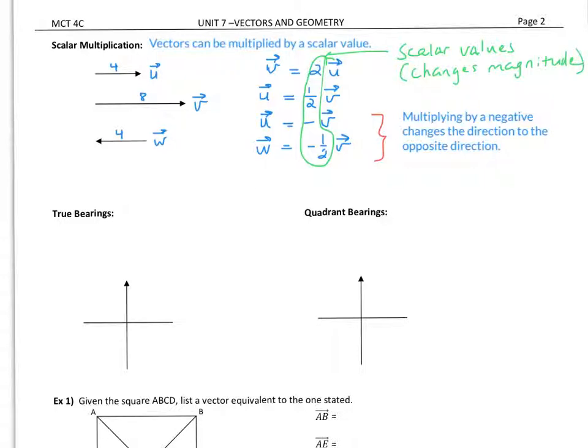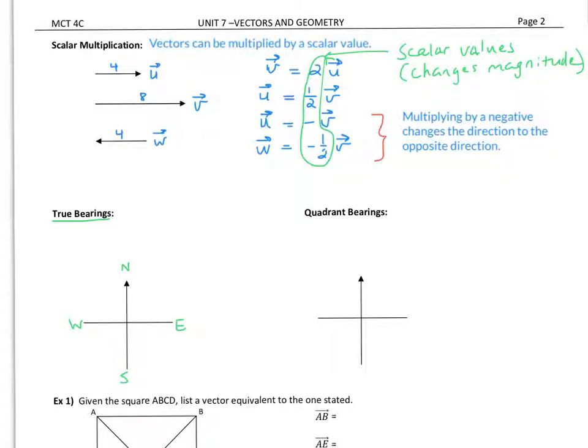Okay, now we have talked briefly about bearings earlier on when we were doing some of our trigonometry, but I want to review that because that was something that we needed to maybe spend a little more time on. I noticed that some people were struggling with this. When we're talking about true bearings, they start at the north. So if I have my compass rose here, north, east, south, and west, it goes in that clockwise direction.